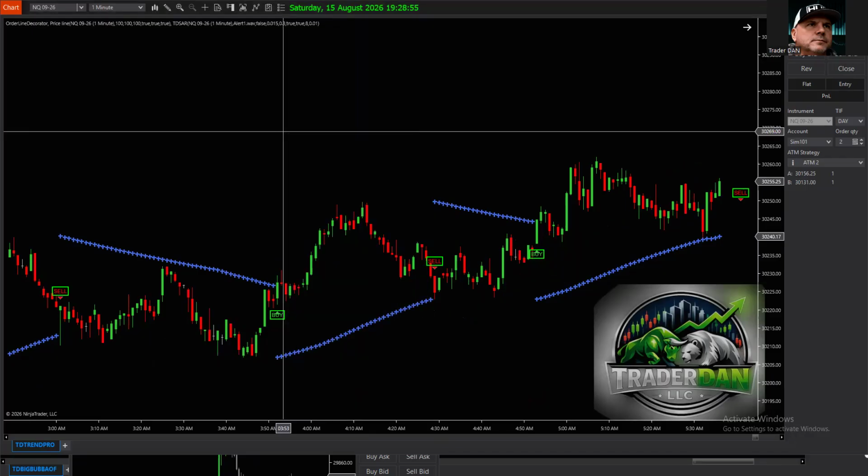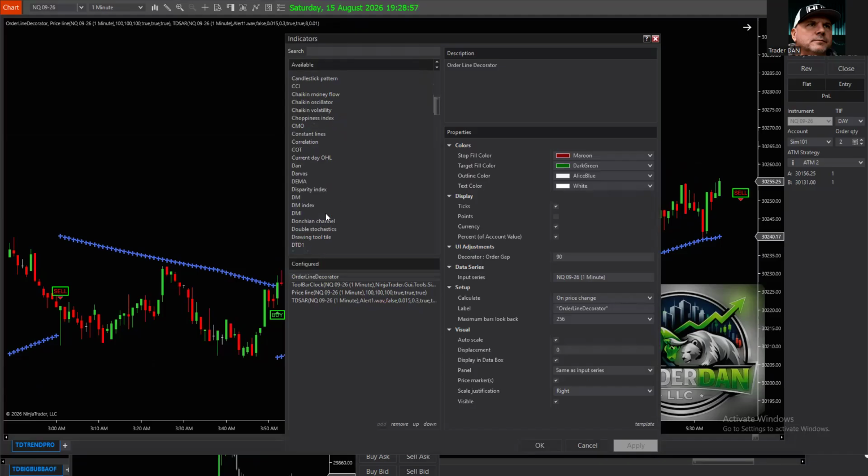I'll just give it to you real quick. So if you go to indicators and you go down to TD guideline, I wish they would put these in alphabetical order. I might have it up here. Matter of fact, it's probably under this folder.